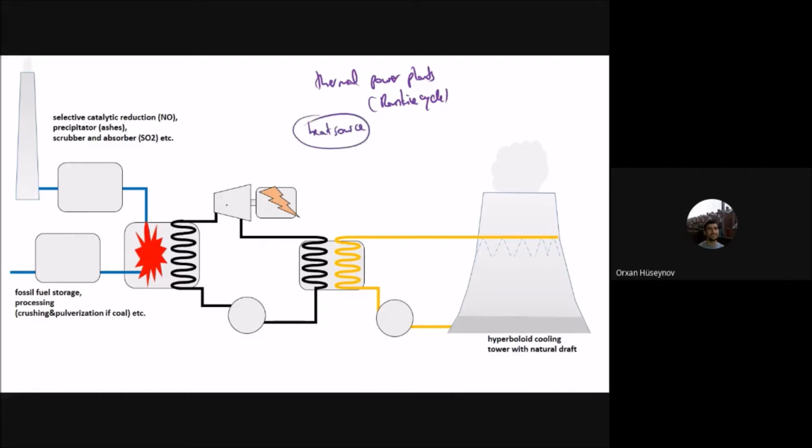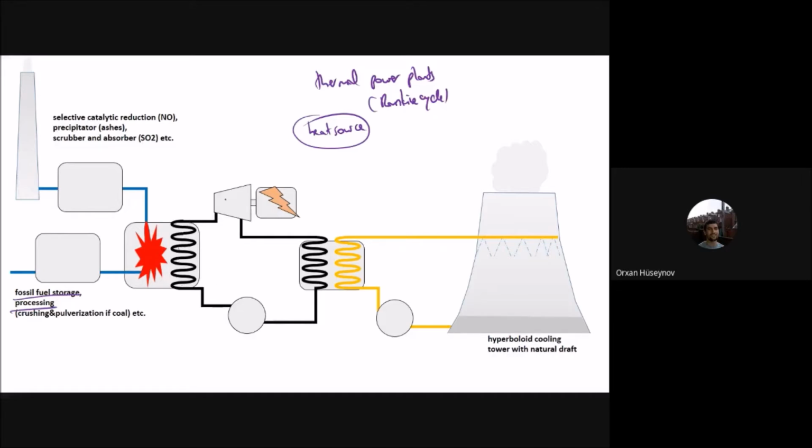In one case we can use fossil fuel here, so this fossil fuel you are burning. As a result of this combustion you are heating the water here.